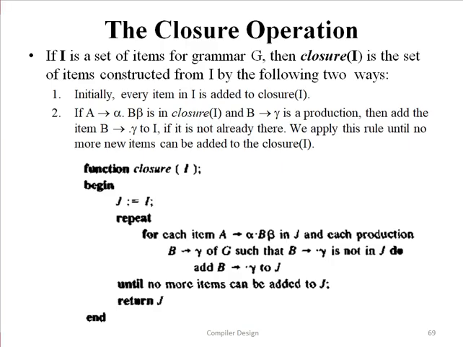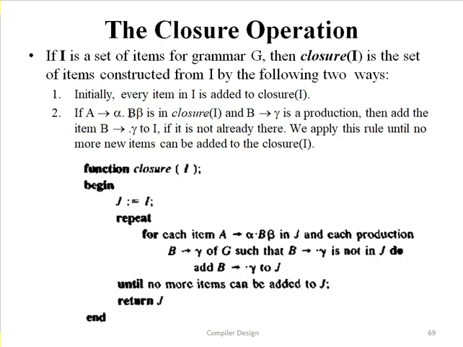So what is the closure operation? The closure operation for a given grammar G is just a way of creating new items by adding production rules whenever we observe a non-terminal after the dot operator.